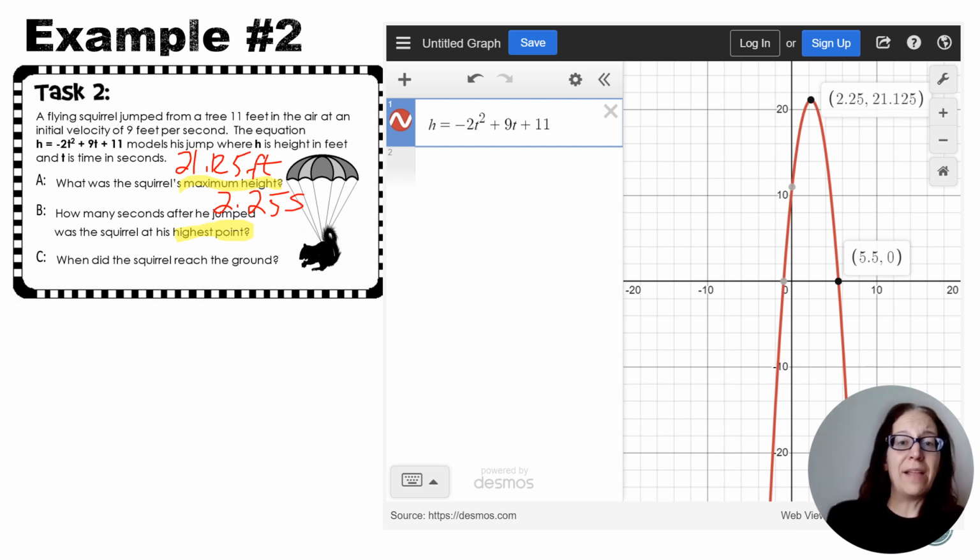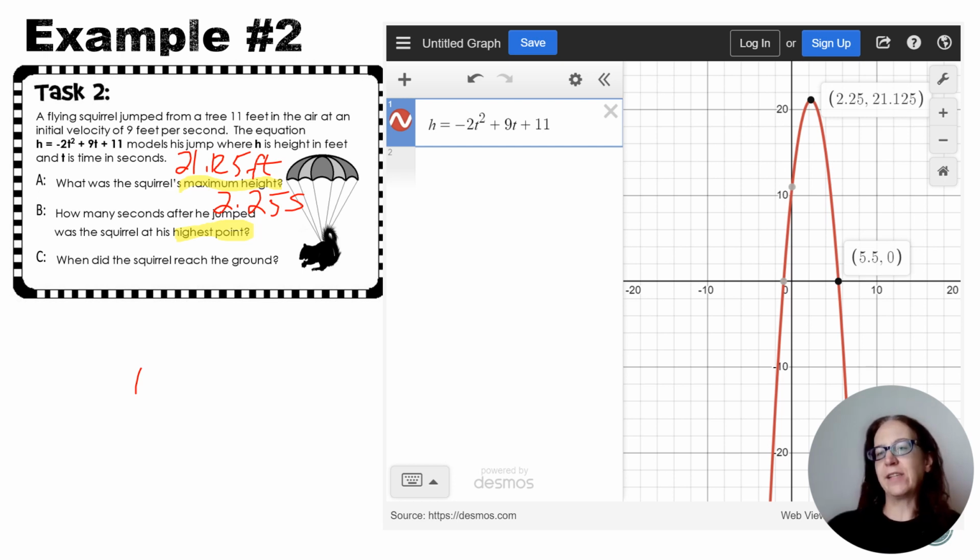Okay. Second question there is, when did the squirrel reach the ground? So when did he reach the ground? Here's the squirrel. The squirrel started at 11 feet in the air, so that's where he's starting at time 0. In the air, in the air, reaching the ground. There is where he reached the ground.